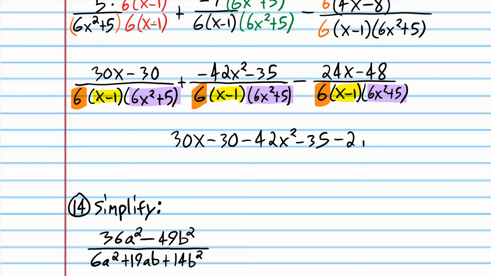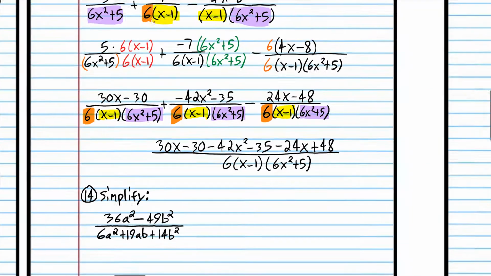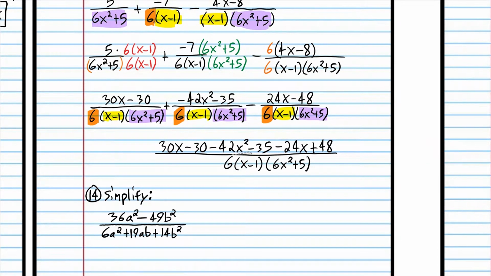It's going to become minus 24x and plus 48. Again, if you're going to make a mistake, that's where it's going to be. Those signs. Okay, I'm going to make that look nice and neat, I'm going to move that to the center.